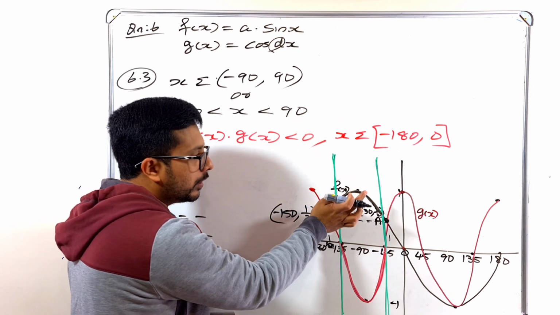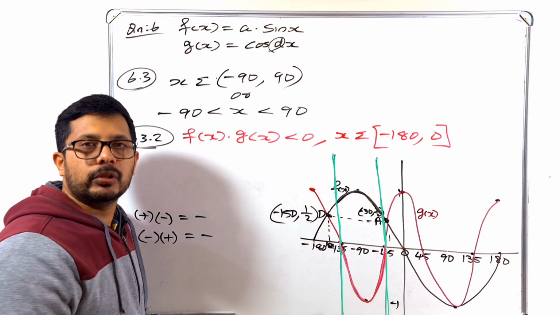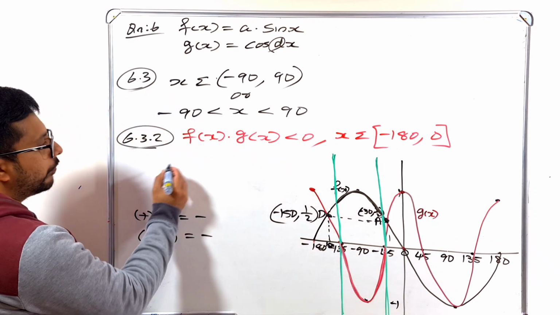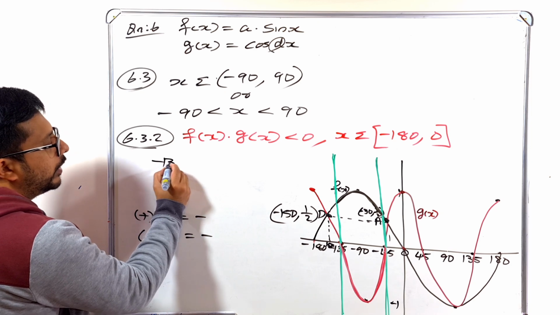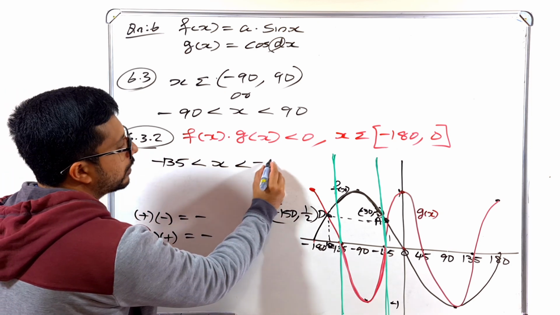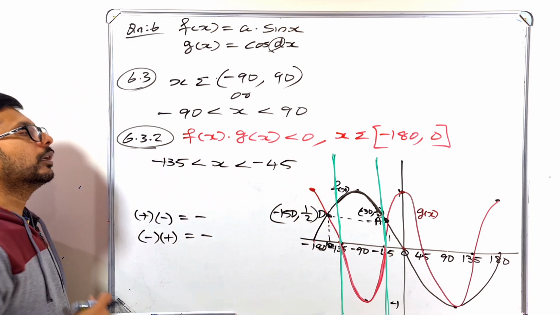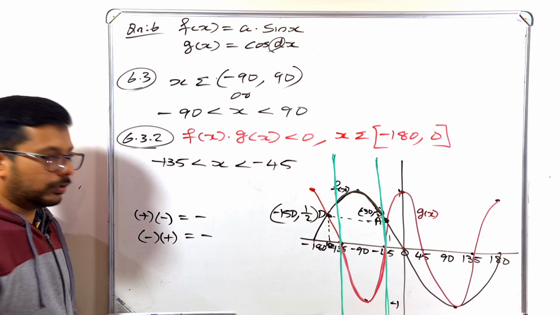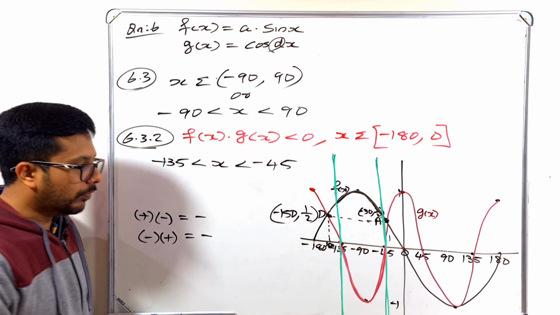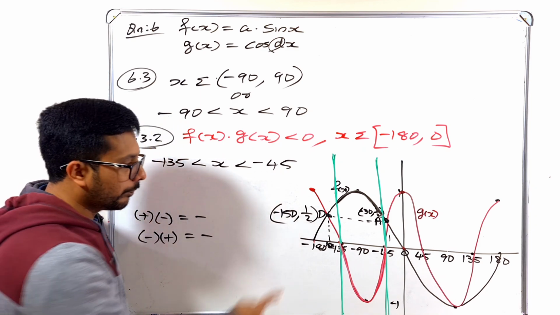So if you multiply f of x and g of x, positive into negative, it is going to be negative. So the value of x must be between minus 135 and minus 45. What happened before minus 135?